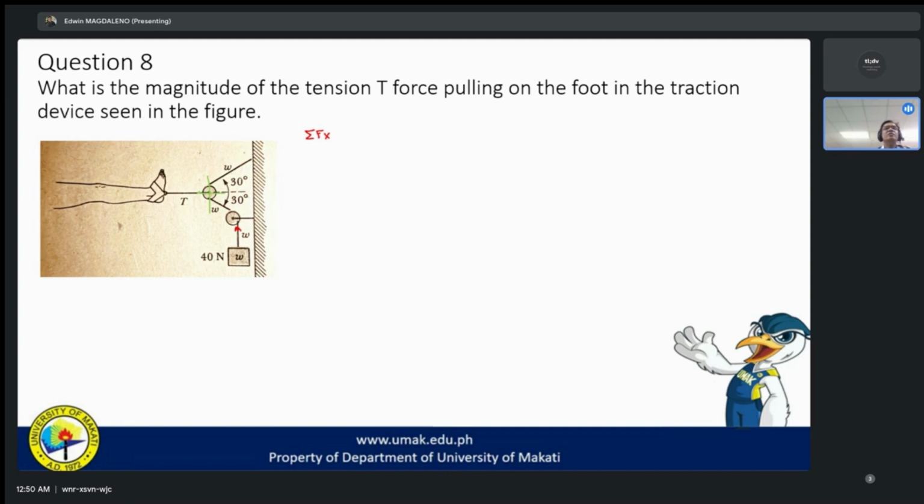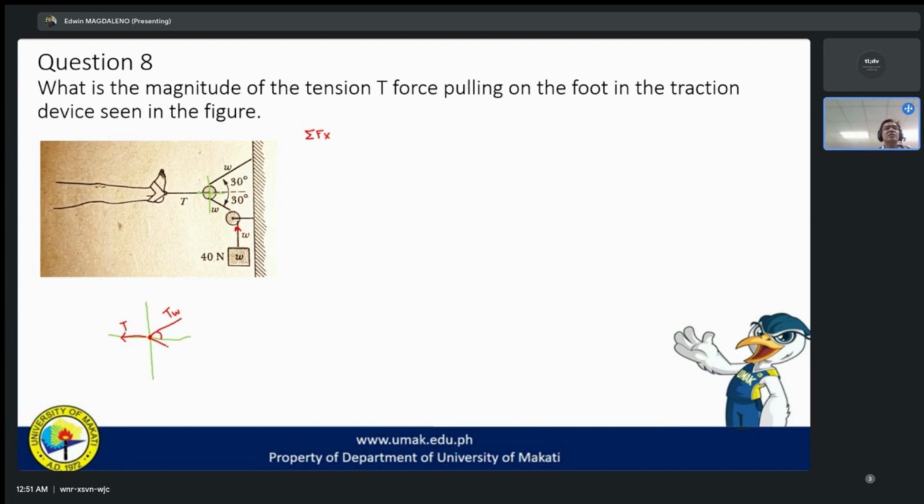So, if we try to draw the Cartesian plane, or rather redraw the Cartesian plane without the bodies, we have the following. Tension, dito, which is tension here. And of course, we have the tension due to the weight on both sides. So, meron tayong tension at an angle of 30 degrees. Tension due to the weight.